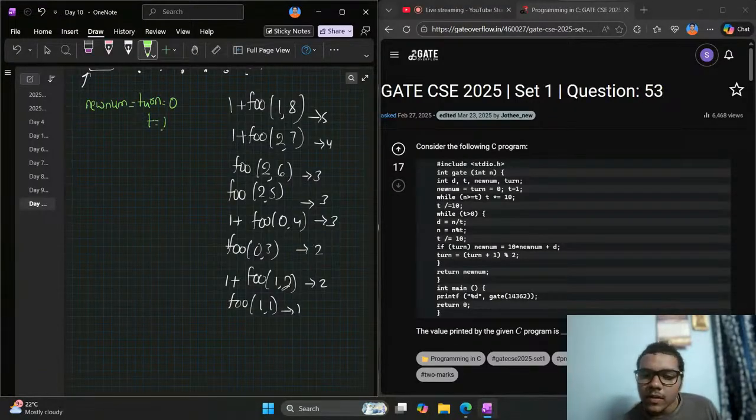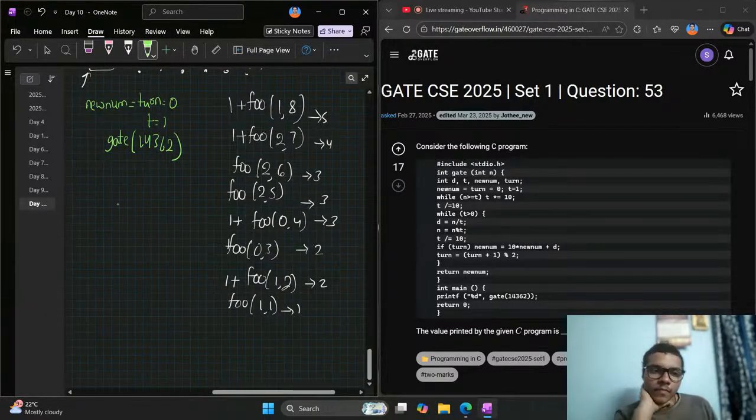T is equals to 1 initially. So you need this 14362. Let's pass it. 14362 is greater than turn. 1, yes. And turn is equals to 10.